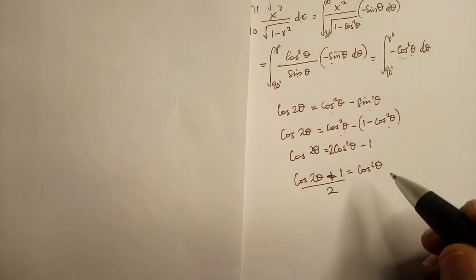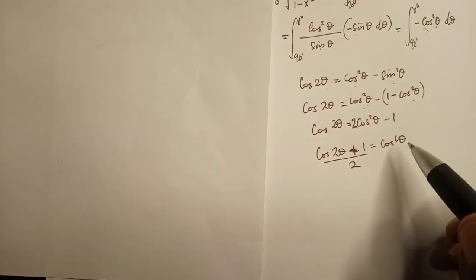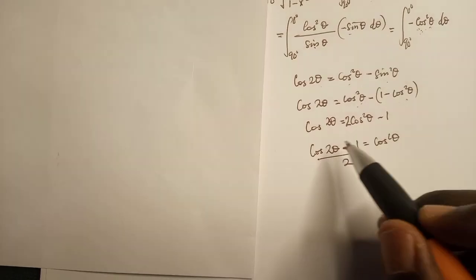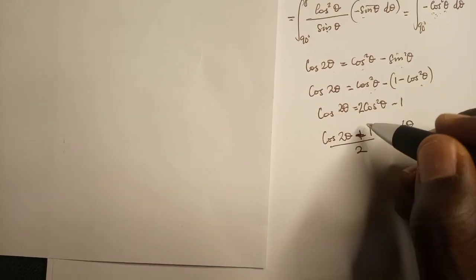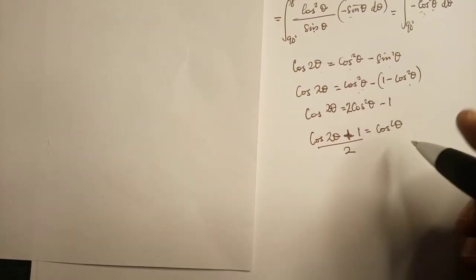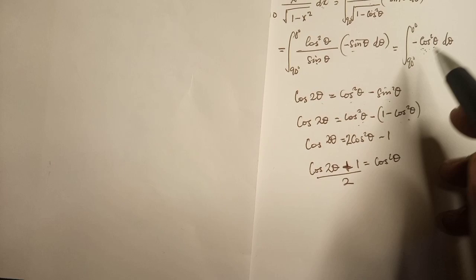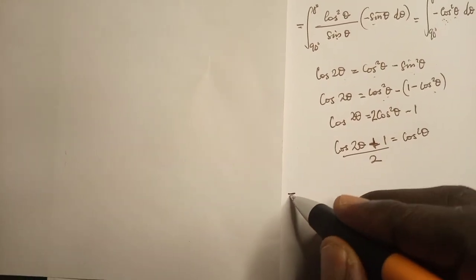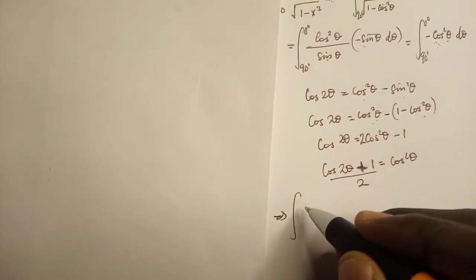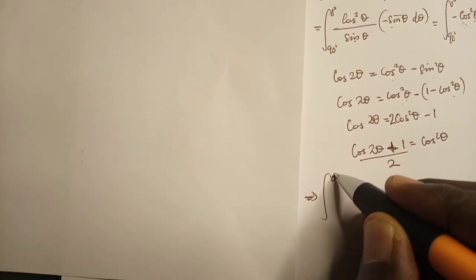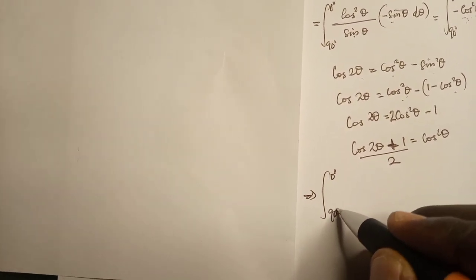Okay, so in place of the cos square theta, we can put all this here. This is what we'll use to do the integral here. So having this implies the integral from 0 to 90 degrees.